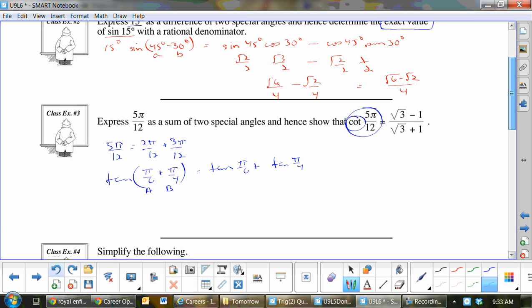You can see how it's not going to make a difference there if you mess up A and B. And that's over 1 minus tan pi over 6 times tan pi over 4. Okay, let's get some numbers out. So what's tan pi over 6?